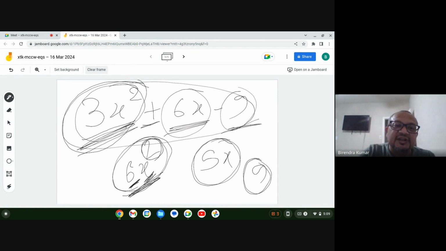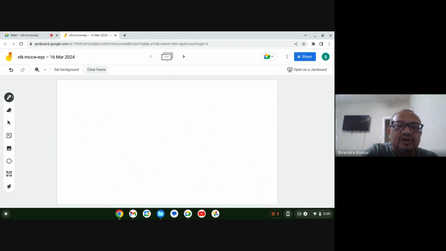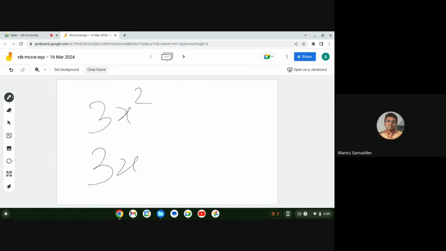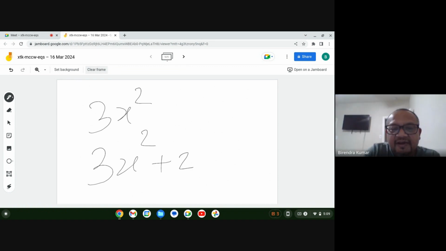If an expression has only one term like this, it is called a monomial expression. Let me write it down. If you have two terms, that is called a binomial expression.